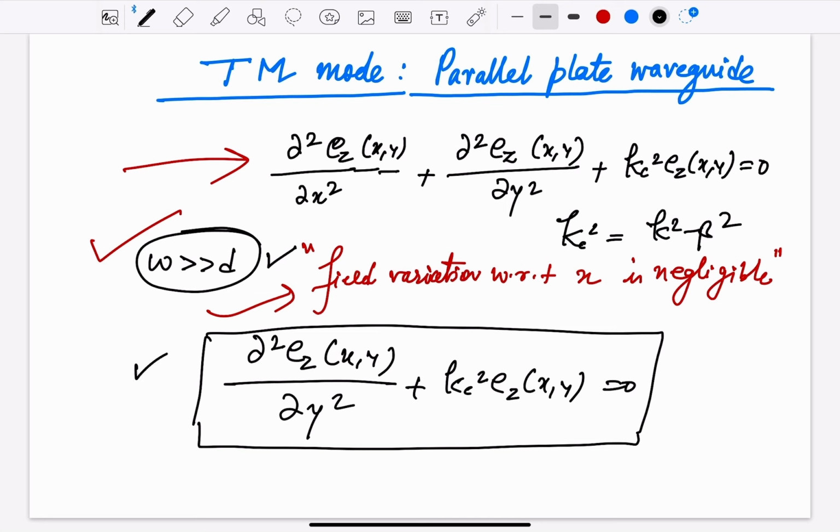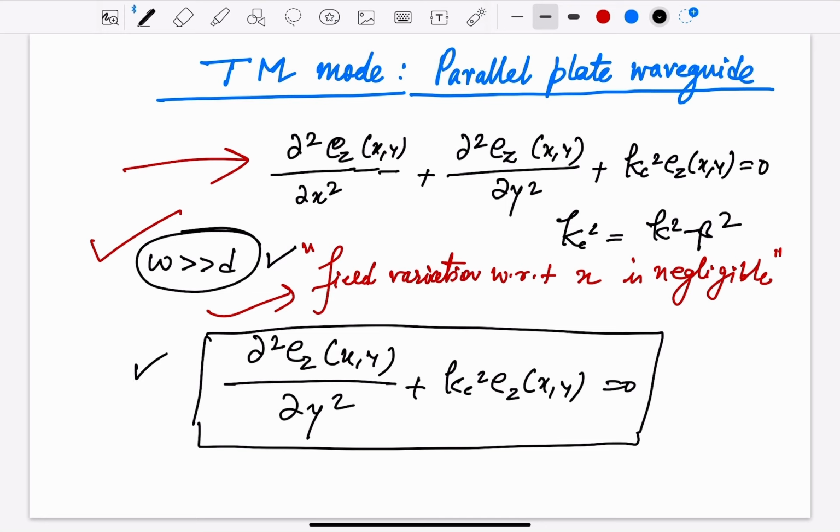If you look at more details of these things, we may once again recall those equations, and from there we can conclude some facts.